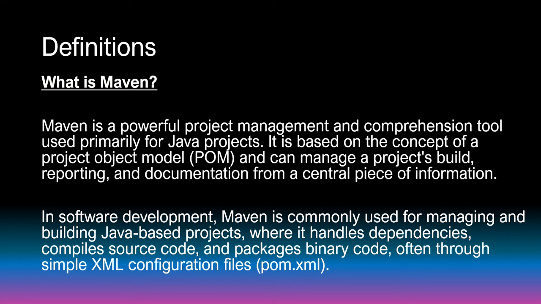When you go through the tutorial for this project, you'll see that you're going to have to create and update a POM.xml file, and that is the key document that Maven uses to manage a project's build, reporting, and documentation, all from a central piece of information. So in software development, Maven is commonly used for managing and building Java-based projects. It handles dependencies, it compiles source code, and it packages binary code using that POM file.